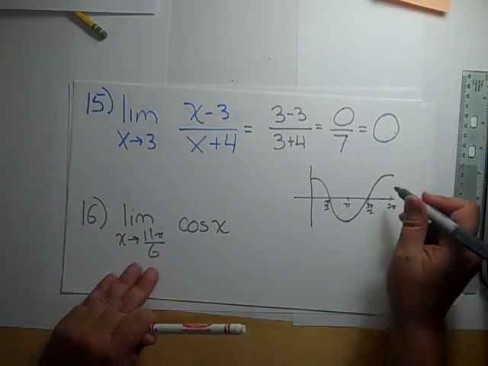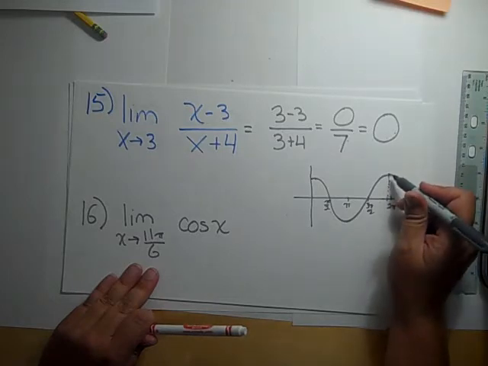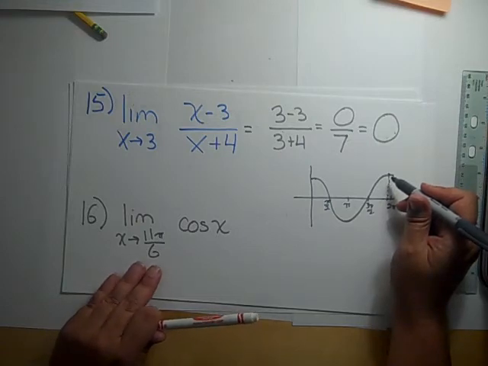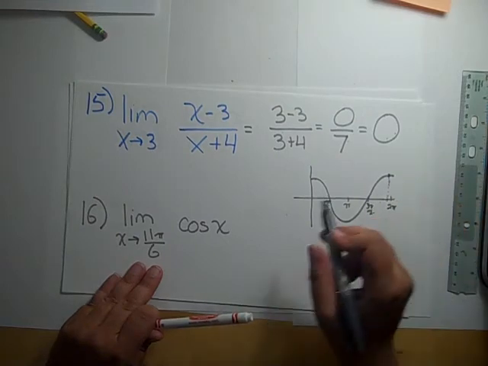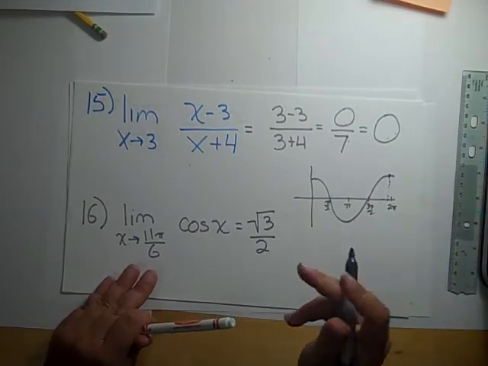And 11 pi over 6 is going to be very close to 2 pi. It's going to be up here, so it's going to be positive. And hopefully you've memorized that any cosine value that has a 6 in the denominator is square root of 3 over 2, right? You might know that from your 30-60-90 triangle. So this is going to be square root of 3 over 2, and it's going to be positive. Done.